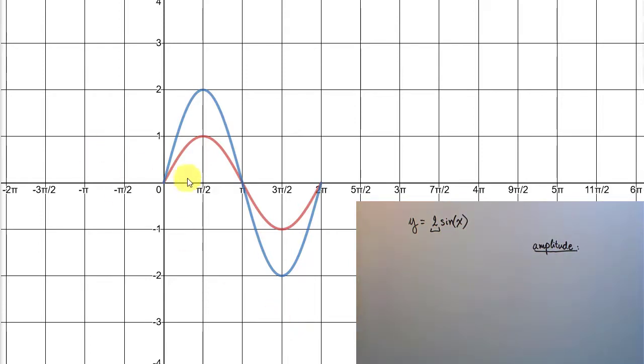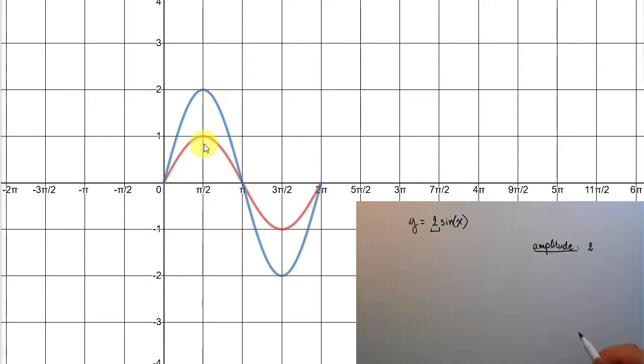Compare with the original red sine of x, and our blue 2 sine of x has an amplitude twice as high. The vertical space from the center line out to the upper peak, and from the center line down to the bottom peak, is 2, twice as far as the red graph. So we can now say that the amplitude in this case equals 2.